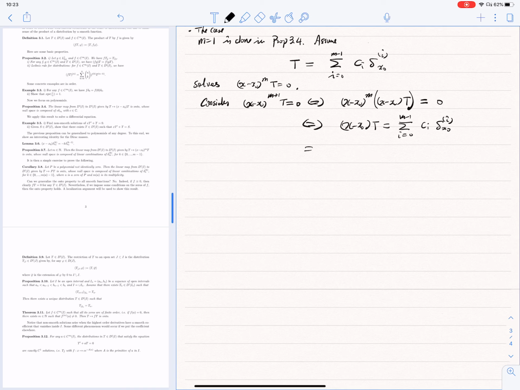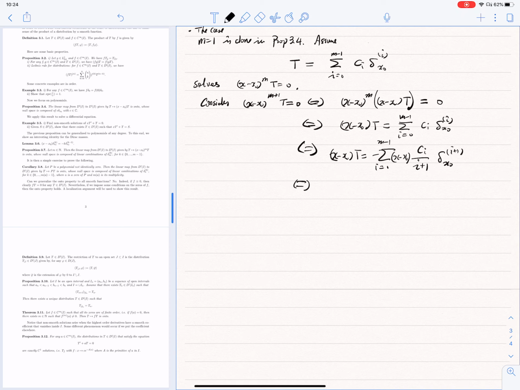So this is what we're going to do for each of the terms. So it's equivalent again: t is equal to the sum for i from 0 to m minus 1. Now we're going to change the derivatives of Dirac masses. It becomes delta x naught i plus 1, with a negative sign and c_i over i plus 1, and this will be times (x minus x naught).